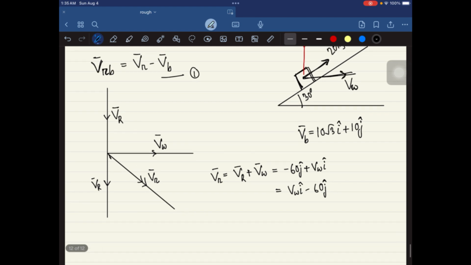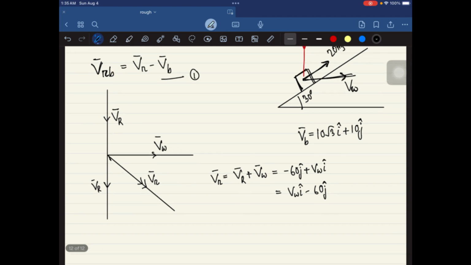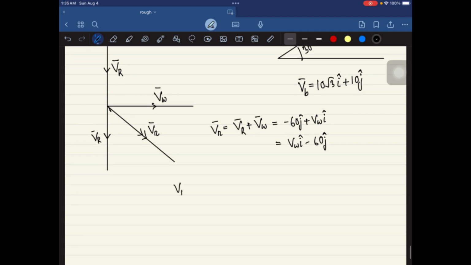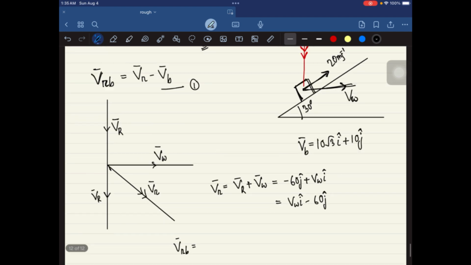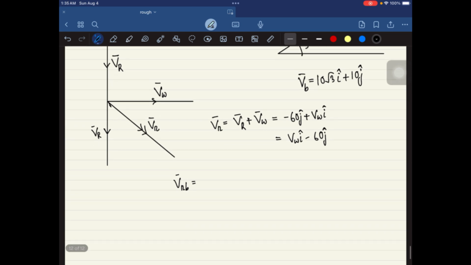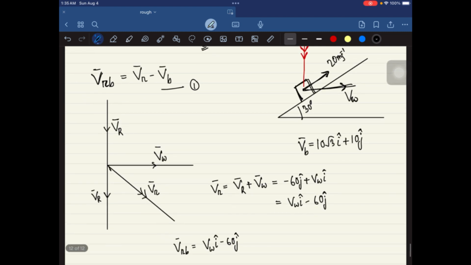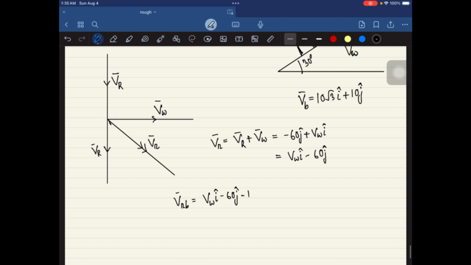So VW i minus 6j. Okay, if we input this value in equation number 1, we get that VRB is equal to VR, VW i minus 6j, and VB is minus 10 root 3 i minus 10j.